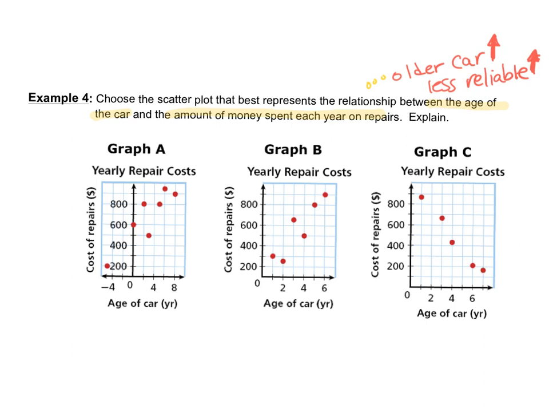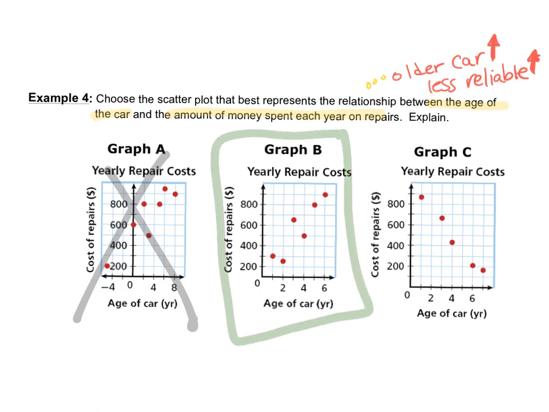That's what we call not at all relevant. So obviously it would end up with this one, graph B. As time passes, you are going to, for the most part, have to be spending more money on your car repair.